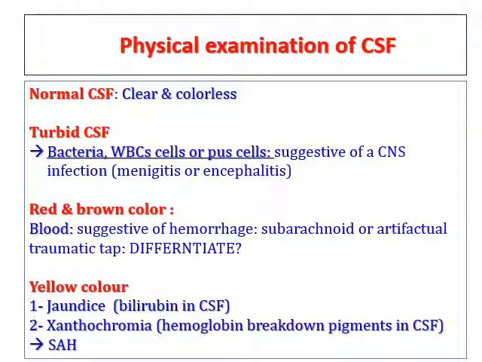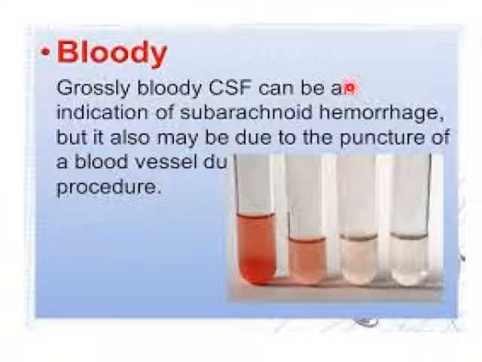Okay, and the prolonged duration of blood inside the CSF, it will be broken down into pigment. As we said, the bloody CSF may be subarachnoid or iatrogenic tap. To differentiate them, we have a test called the dilution test or three-tube dilution test.